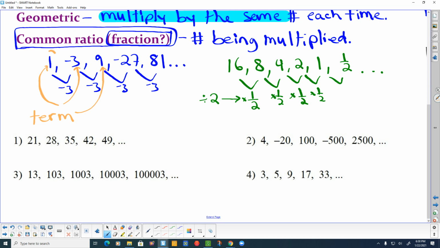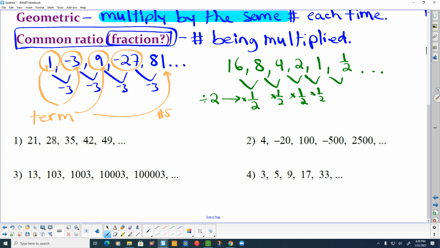This is my first term, second term, third term, fourth term, or term number 4. This one over here is term number 5. So the terms are the members of the sequence. And you have a first term, and then you have the rest of the terms.